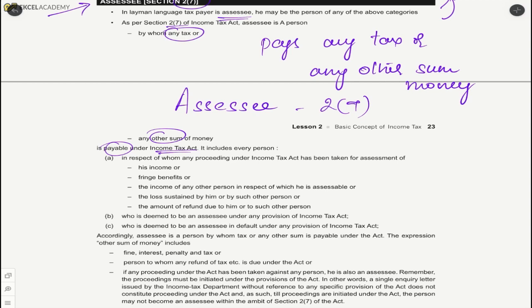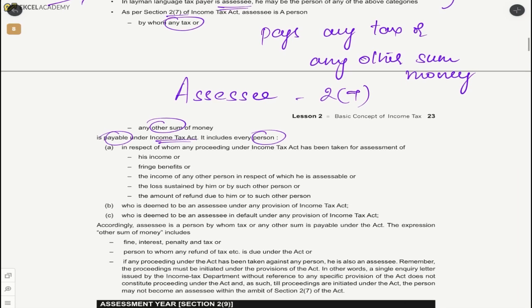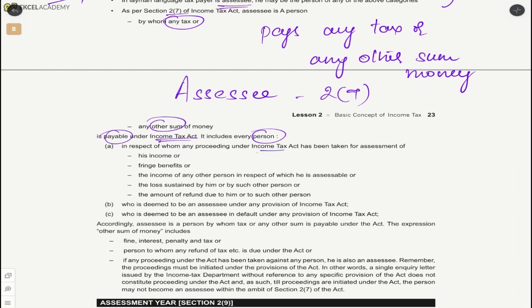So it is very clearly mentioned that it includes every person in respect of whom any proceeding under the income tax has been initiated. So even if you haven't paid tax, and if some proceeding has been initiated towards your income or fringe benefits, the benefits which you get out of your employment, the income of any other person in respect of which he is assessable.